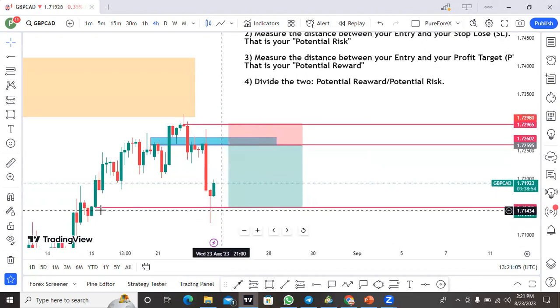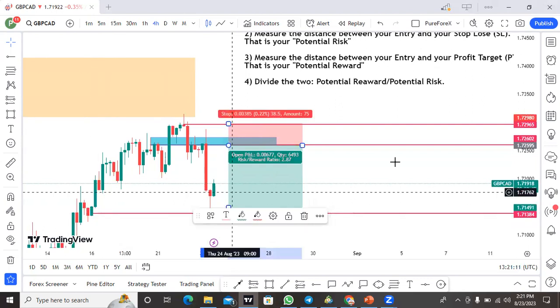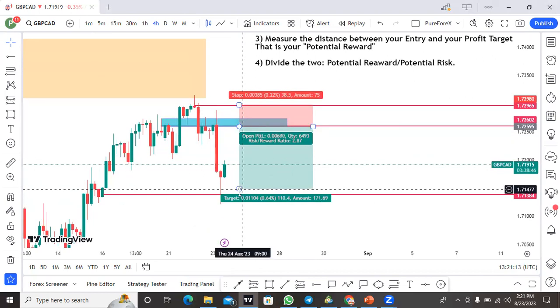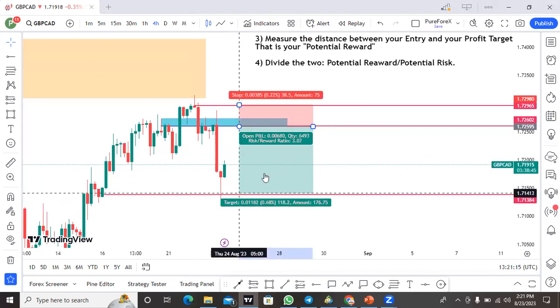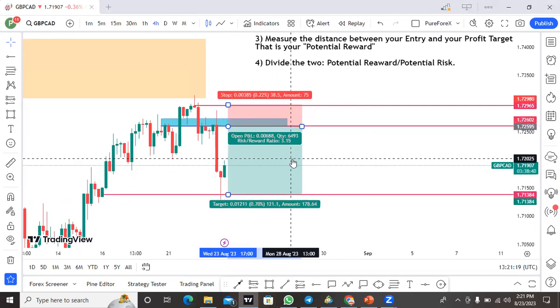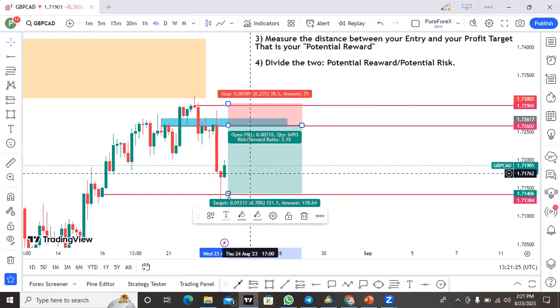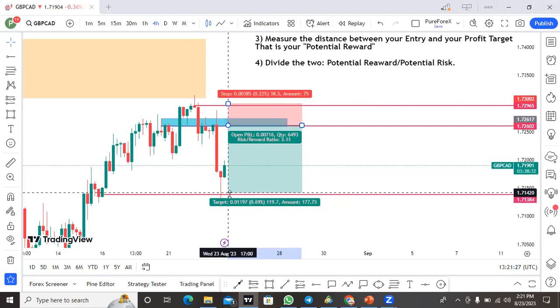Okay, let me shift my take profit a bit down. I want to take profit here. All right, so this is where I want to take my profit.